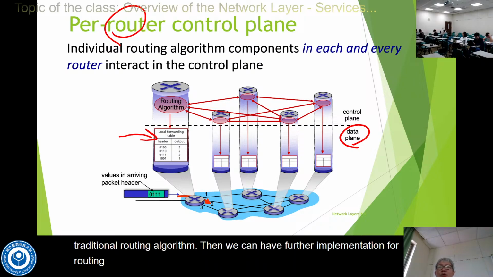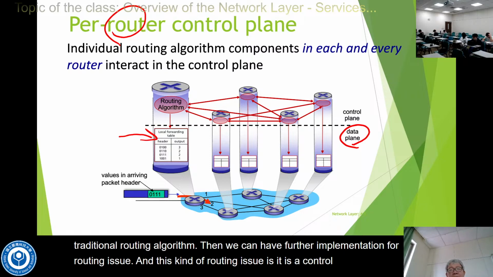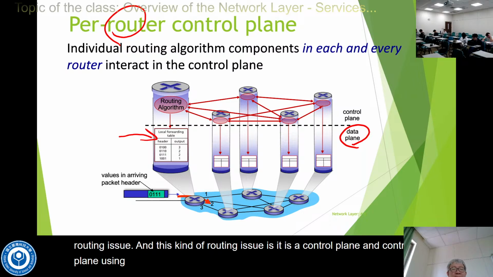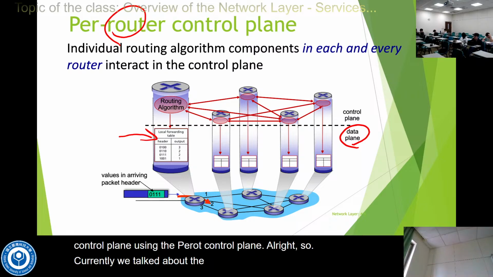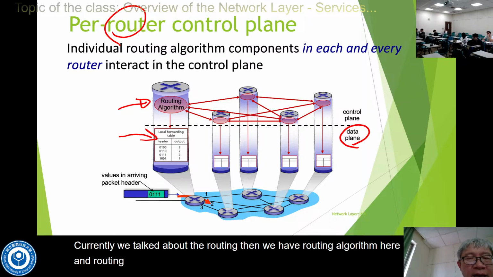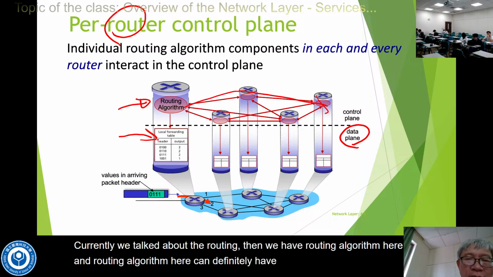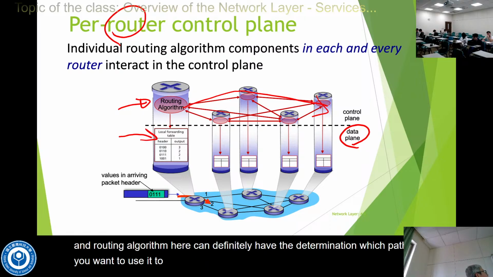This kind of routing issue is the control plane, using the per-router control plane. Currently we talk about routing, so we have a routing algorithm here. The routing algorithm can directly determine which path you want to use to send the packet from the source to the destination.